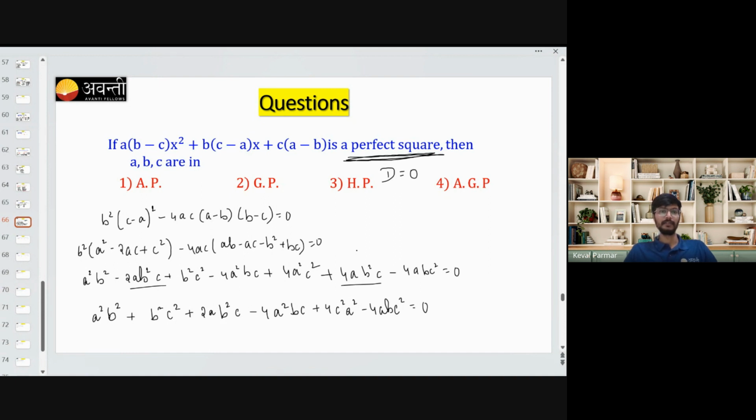So what do we have here, guys? Can we take something common? Come on. If we group some of the terms, we can take something common.